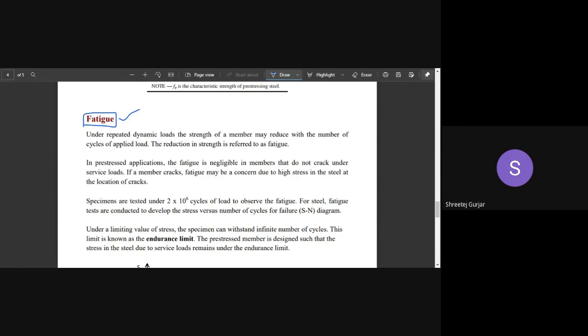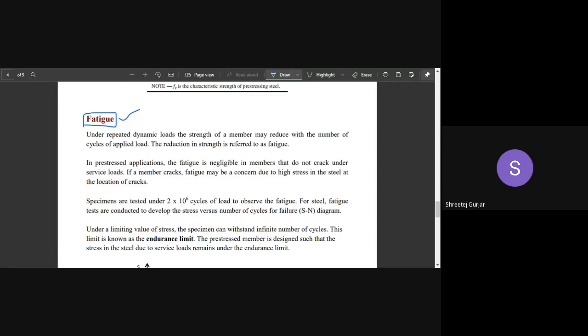Okay, coming to our next point, in pre-stressed applications, the fatigue is negligible in members that do not crack under service loads, right? This is your type 1 members, wherein we do not allow any tensile stress to be developed. Whenever we do not allow any tensile stress, there will be only compressive stress in your members, and no tensile stress.